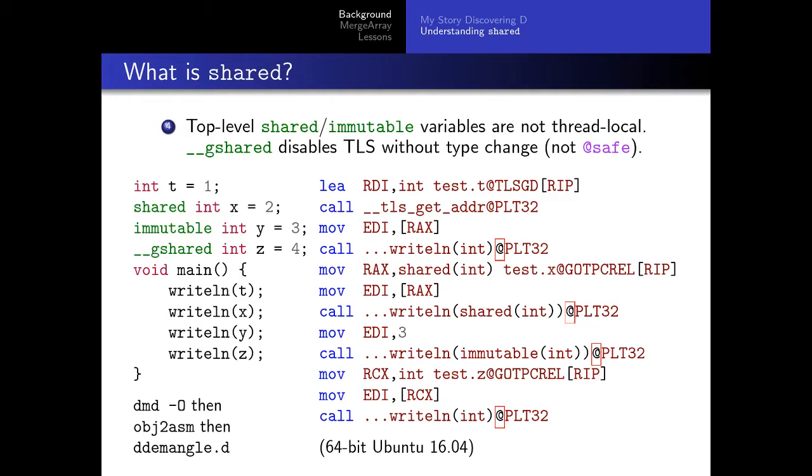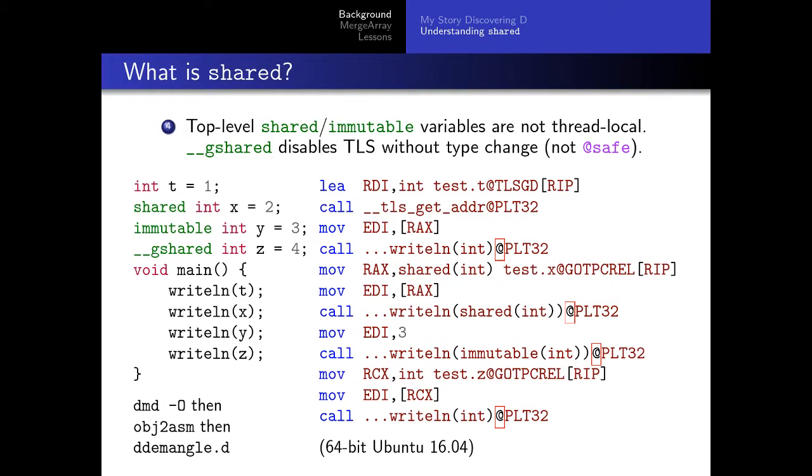So the TLSGD, that's thread local storage general dynamic, I think. It's basically just a part of the memory where an index into a thread local storage array exists, and so you use the tls_get_addr function to index into an array in order to get the actual value of t, and then write it.